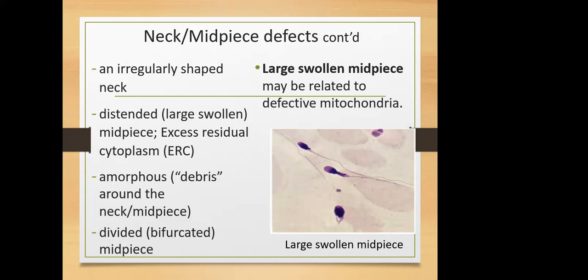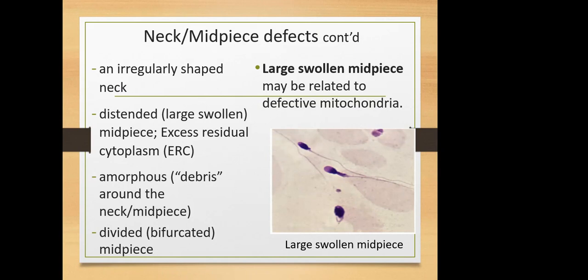Then amorphous. Remember, we talked about the amorphous head. You can also have an amorphous neck. The neck should also be smooth. Anything which makes it rough is also amorphous. And so it is sometimes described as debris around the neck, because instead of being smooth, if it becomes rough, then people describe it as if there's some debris around the neck.